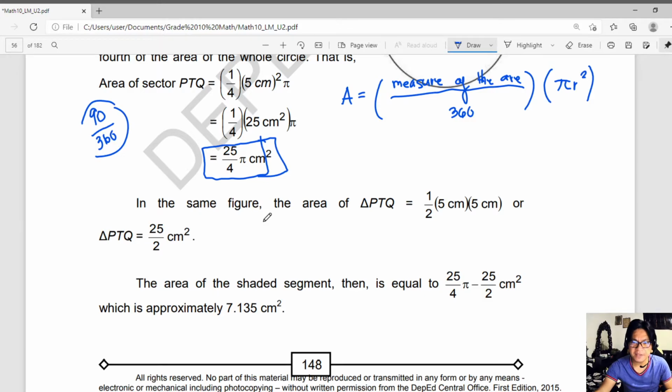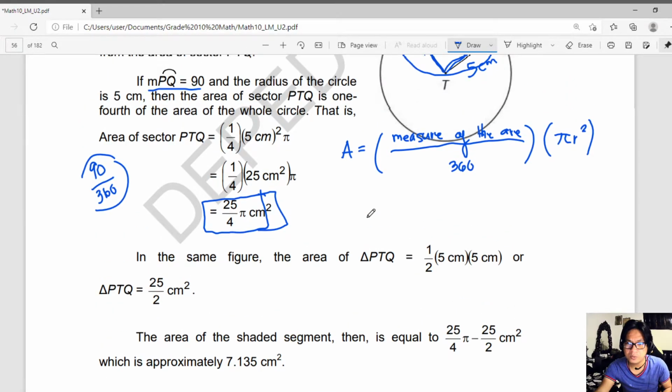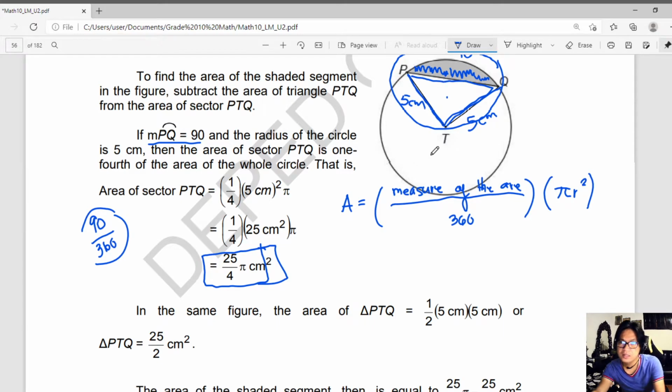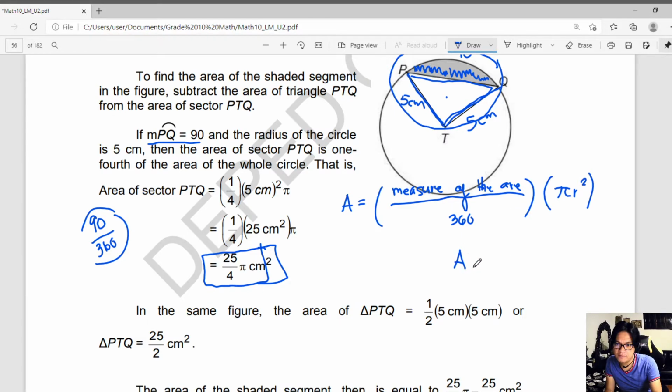In the same figure, the area of triangle PTQ is equal to, by the way, how do we get the area of a triangle? Area of the triangle is equal to 1/2 base times height.